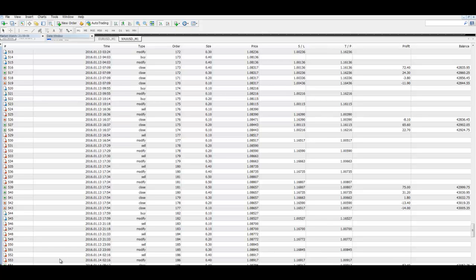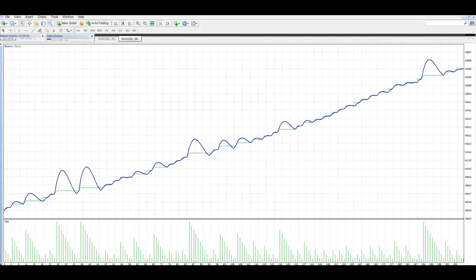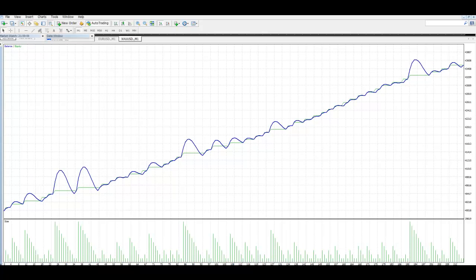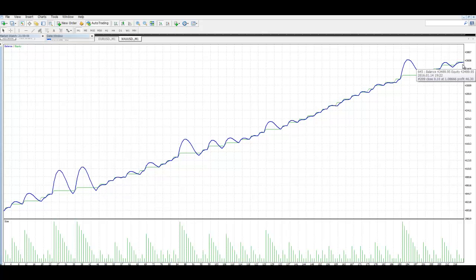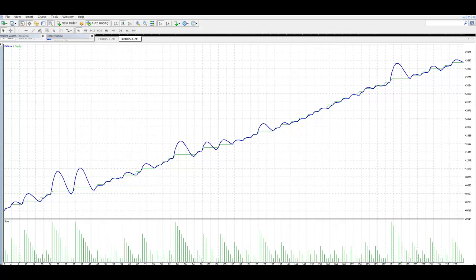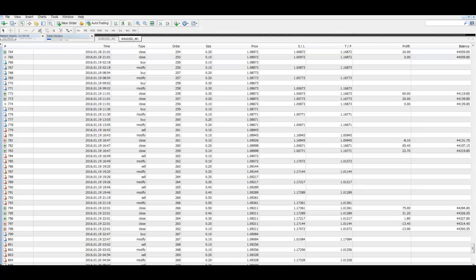And the graph looks like this. We started with $40,000 as the basic equity, and here we are almost $44,000. So that's a yield of 10% in something around half a month. Now we are at January 20.